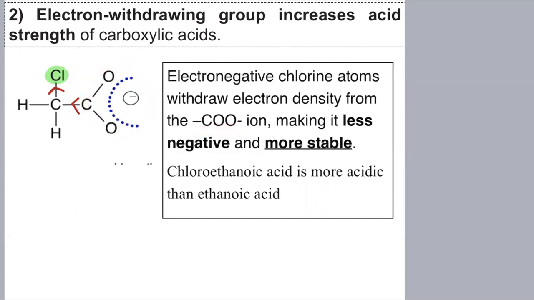So if you take away negativity from a negative ion, this makes the ion become more stable. So this is the opposite effect to electron donating group. So chloroethanoic acid is more acidic than ethanoic acid. So if I just draw the ion of an ethanoic acid, which is the ethanoate ion.